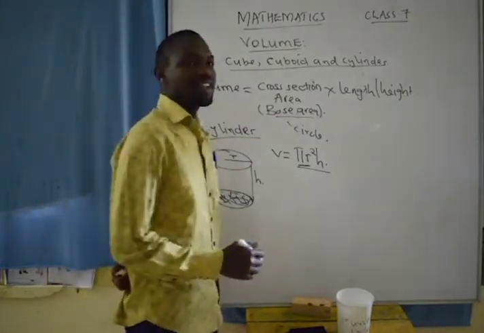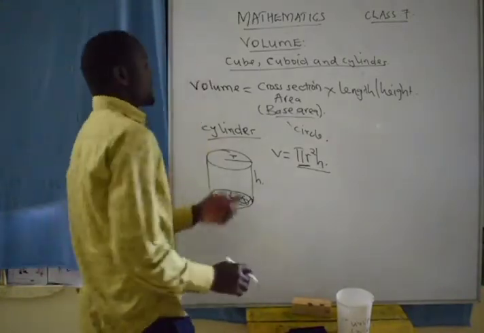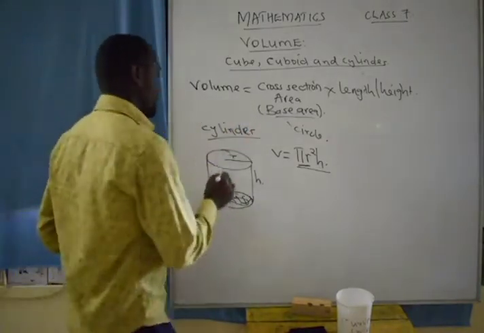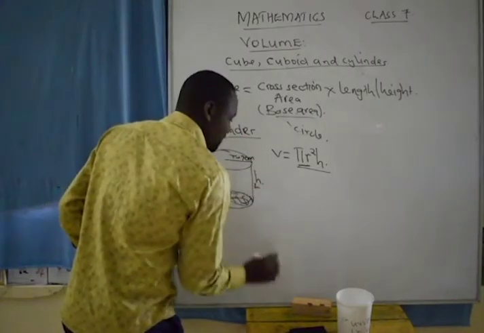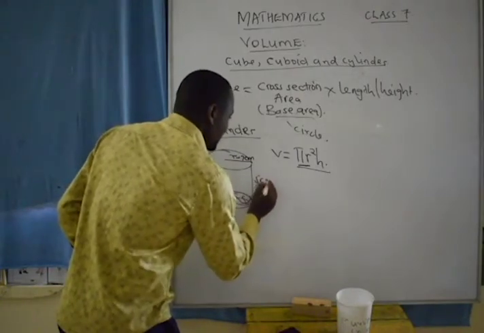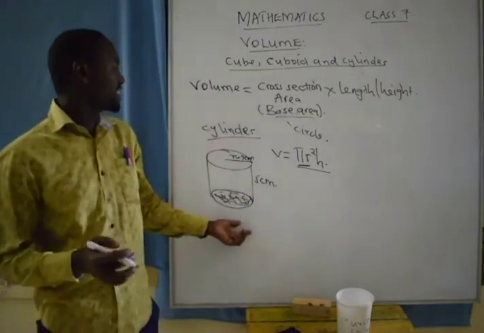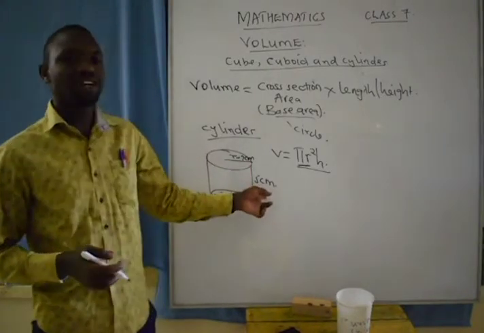For example, calculate the volume of a cylinder whose radius is 7 centimeters and has a height of 5 centimeters.